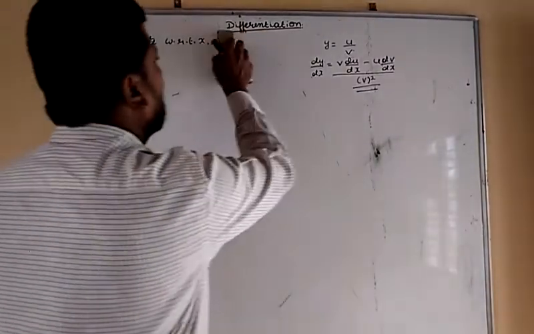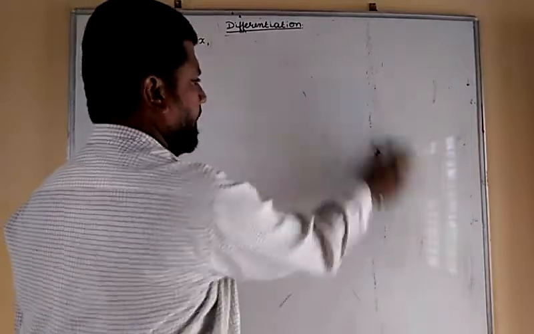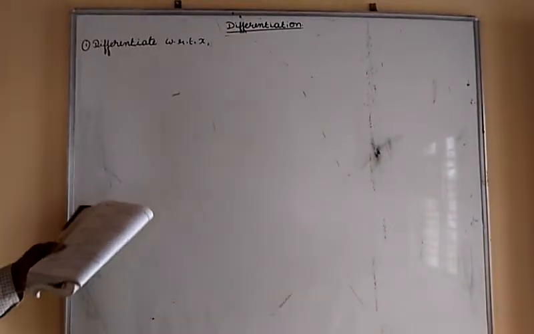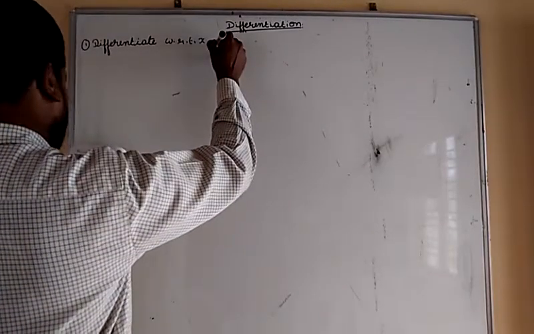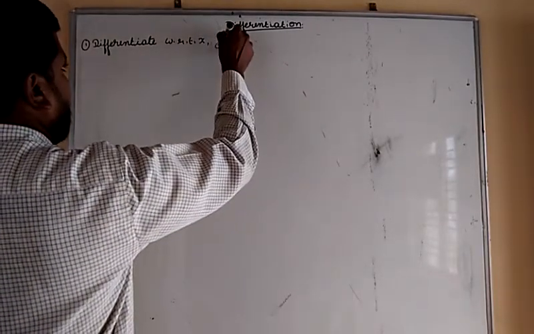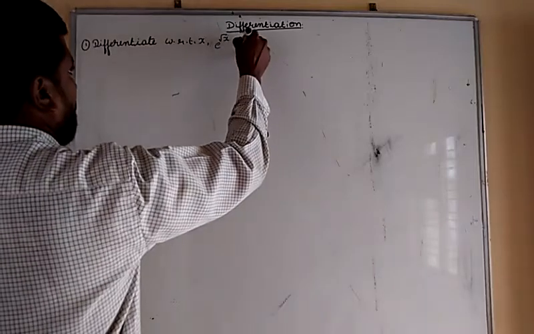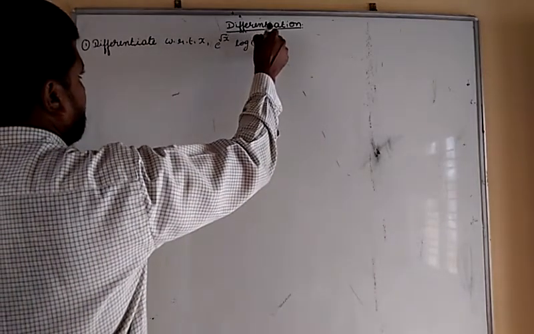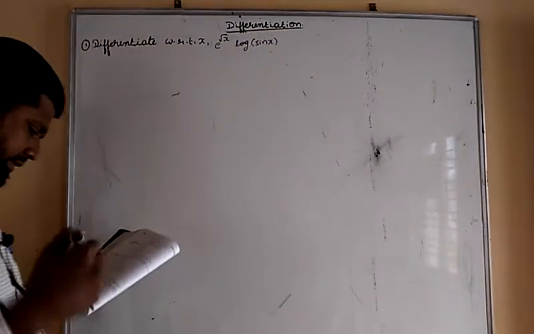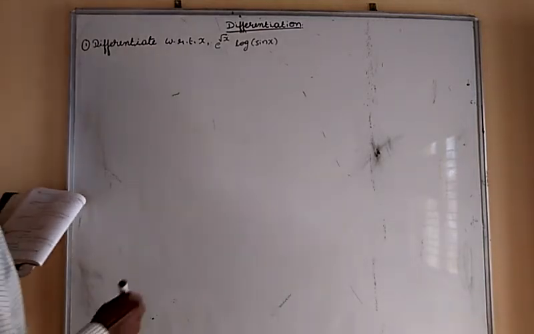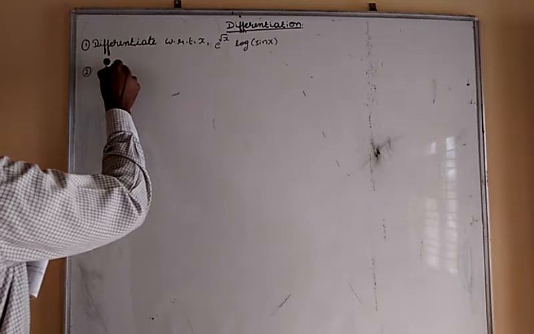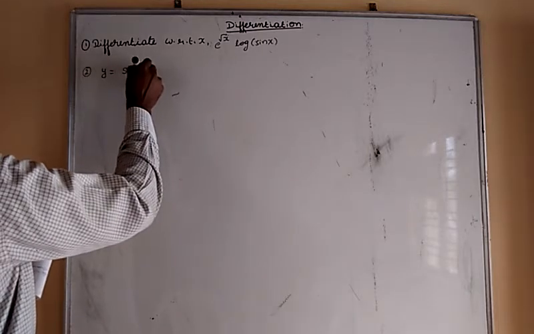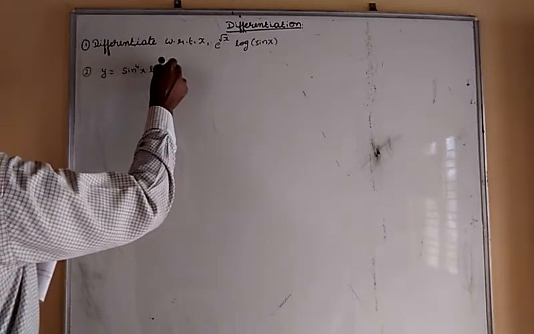Okay, take down the assignment questions on the product rule and the quotient rule. The first question here, e to the power of root x into log of sin x. Then the second one, y is equal to sine to the power of 4x into log x.